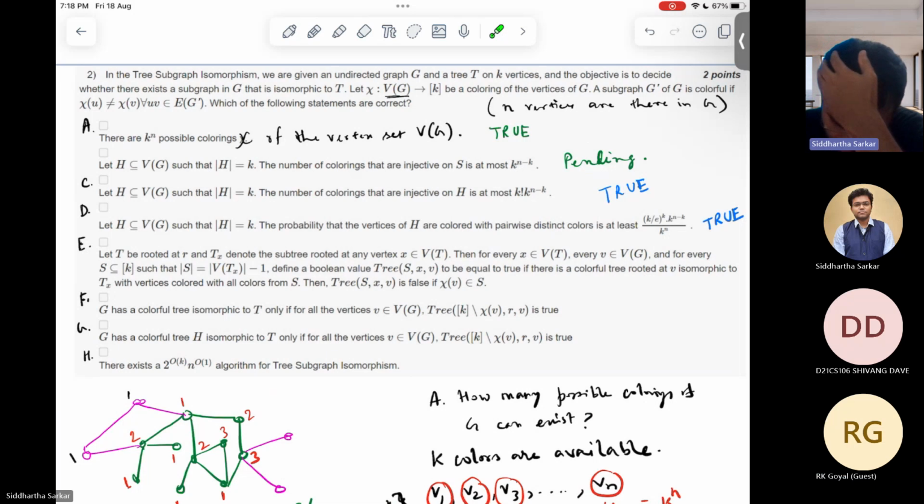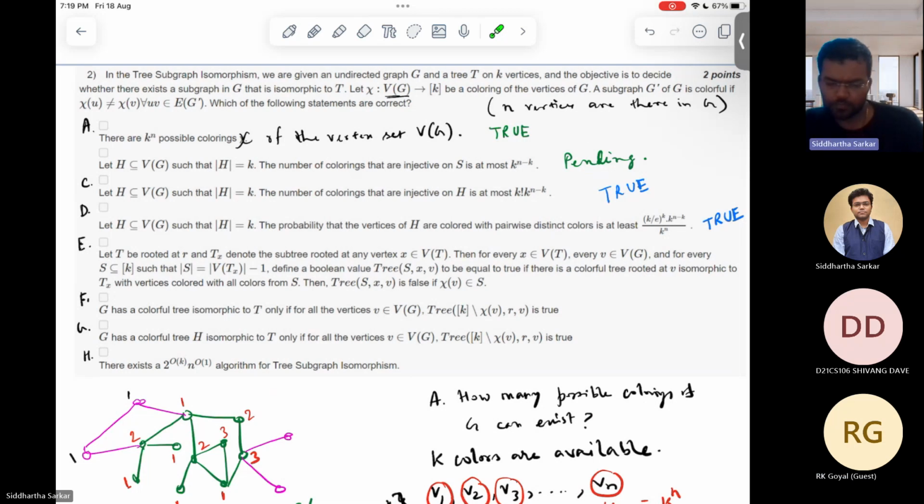Because K is the cardinality of the vertex set of T, I don't see why K can't be very large, because they started with this statement that a tree T on K vertices. So K could be very large, and in that case, we will have so many colors at our disposal.